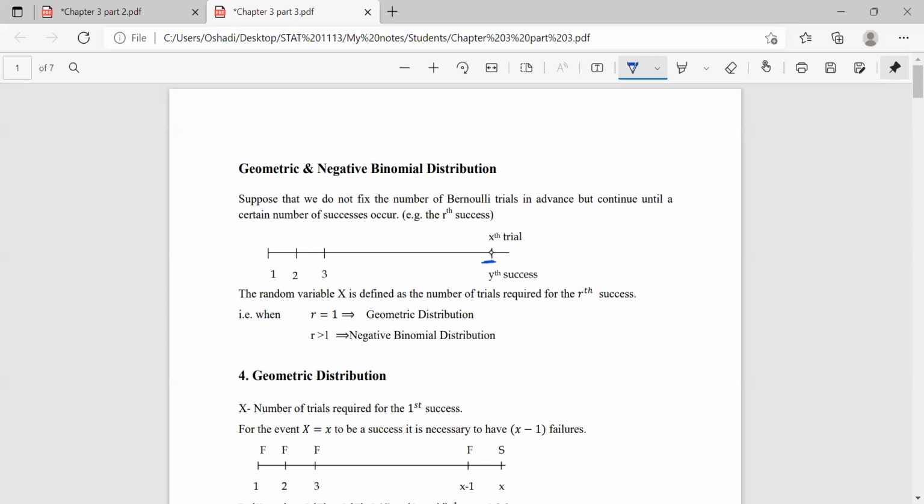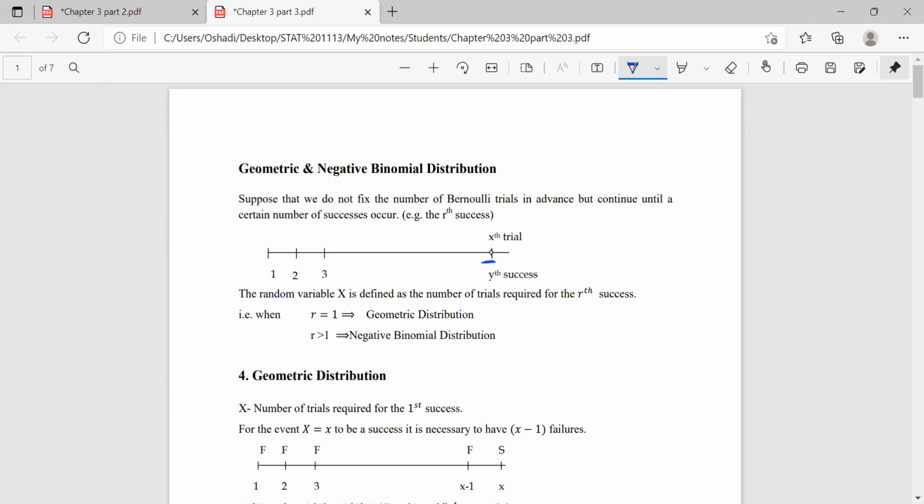and it is the yth success. There are x number of trials. So out of those x trials, the xth trial is the yth success. Before that, y minus 1 successes have occurred. The xth trial is the yth success, right?